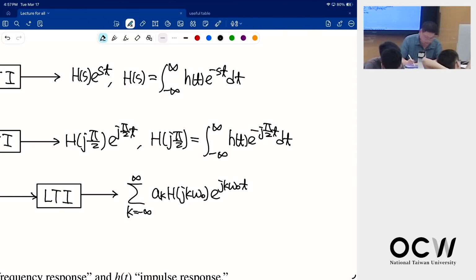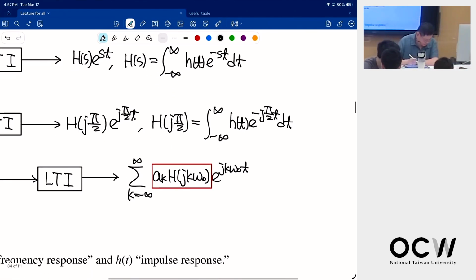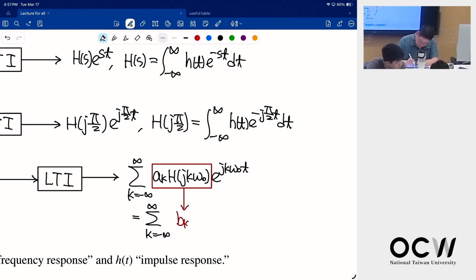This is a coefficient. We can rewrite that as bk and e to the jk omega naught t.